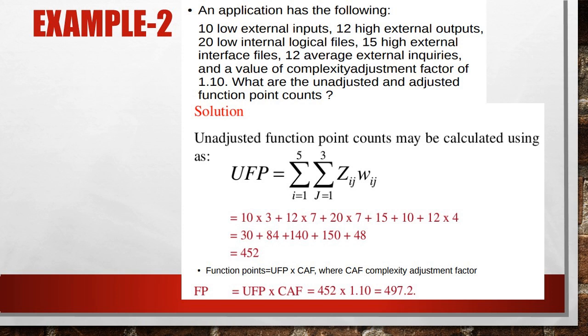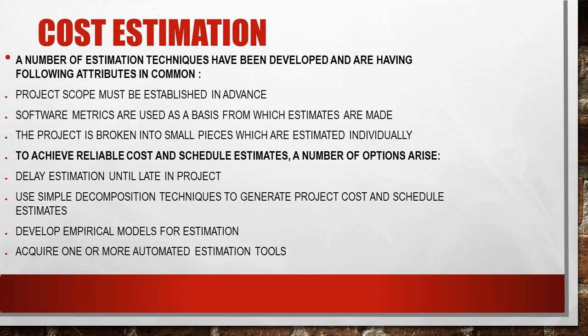In the question, the CAF value is given as 1.10. So multiply the UFP with 1.10, and we will get the actual function point.